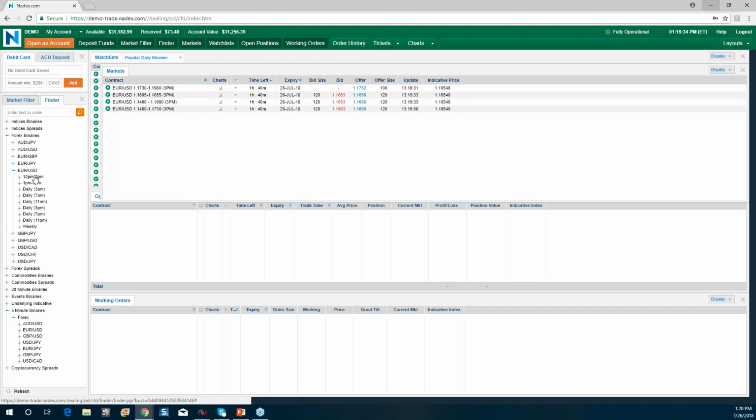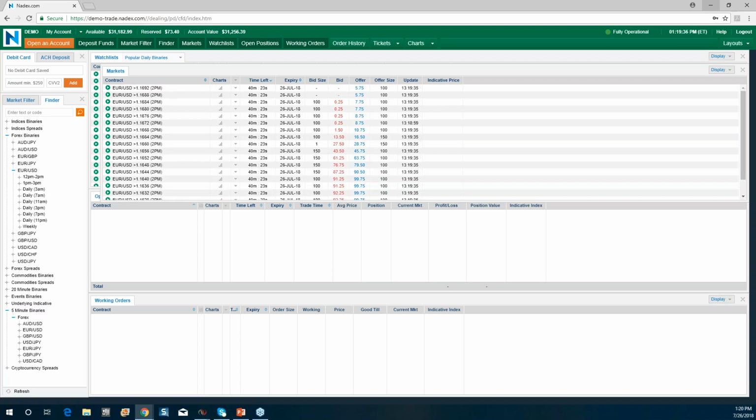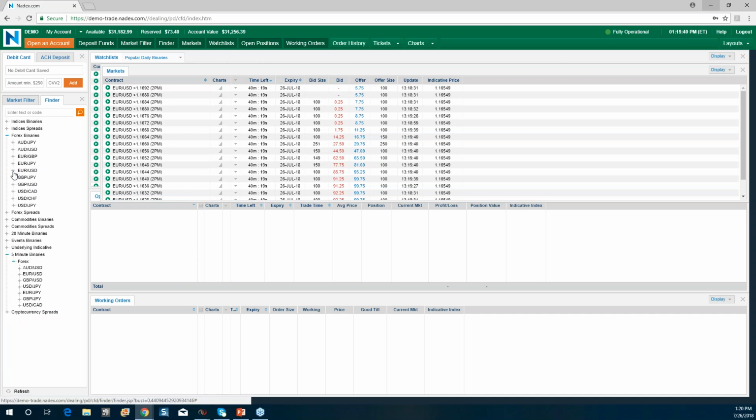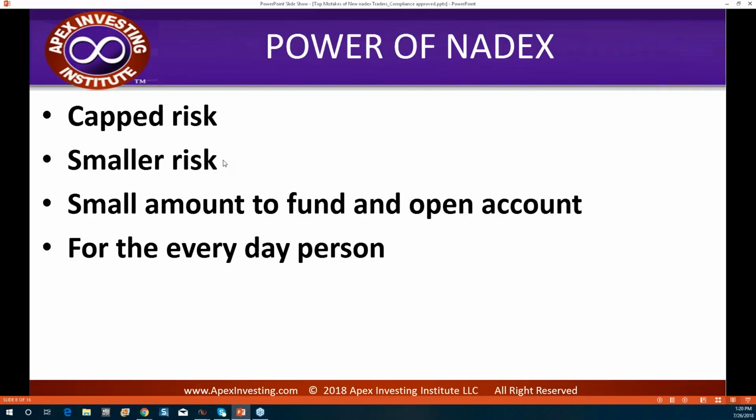I've got different expirations, different strikes. I've got so many things to choose from with Nadex. It's literally unbelievable. Okay, so that's the positives with Nadex. Now, that's the power of Nadex.